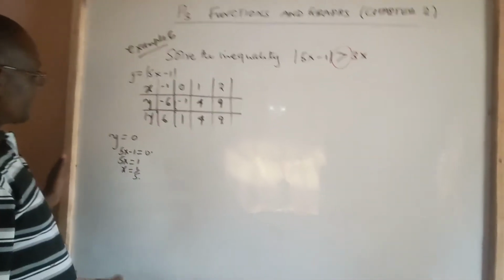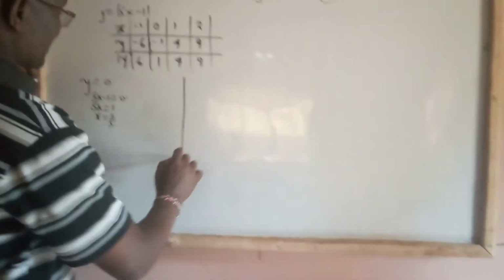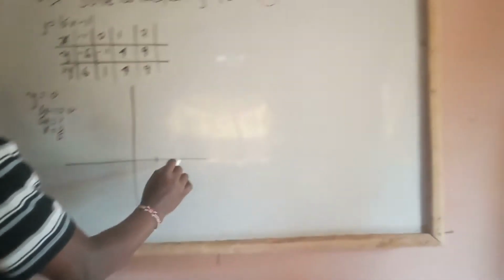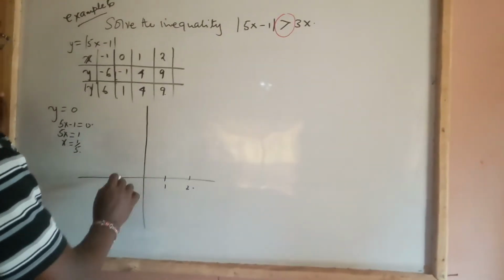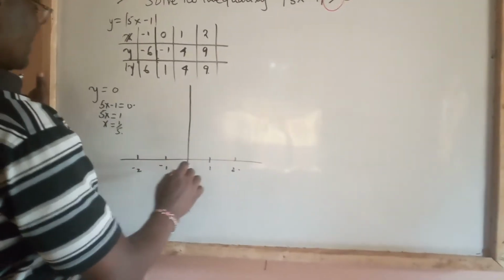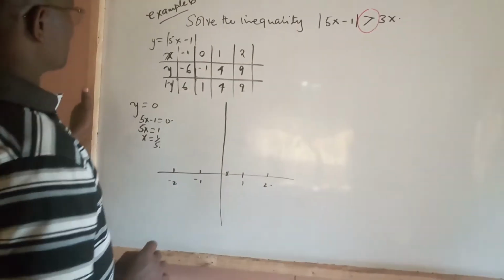It is at this point that the graph cuts the x-axis, and it will be the vertex of the graph. When x is a fifth, we have y being equals to 0.